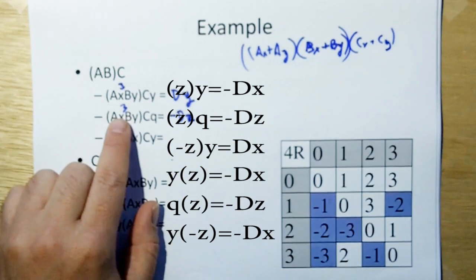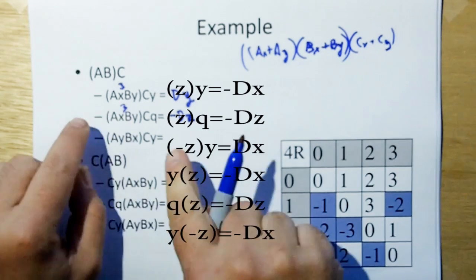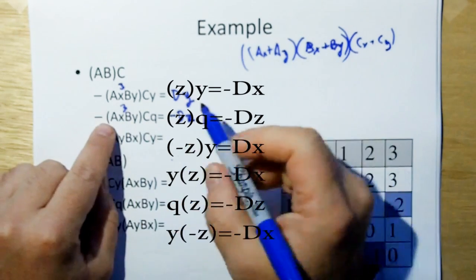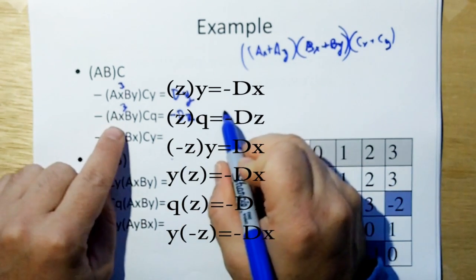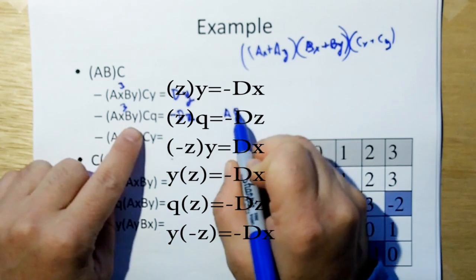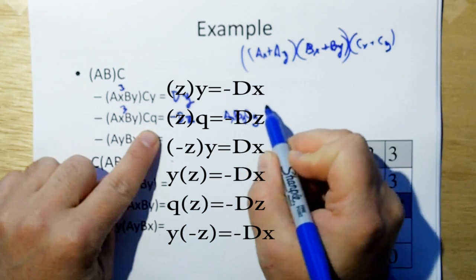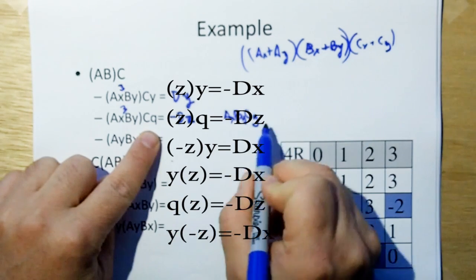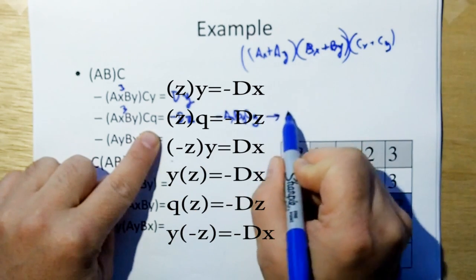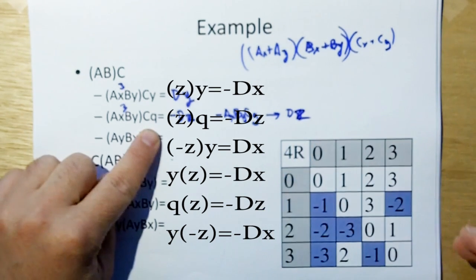See how that works? Your magnitude is going to be the a, the b, and the c, or x, y, and q. And then whatever you get from multiplying those together, you negate them, and that goes into dz rather here.